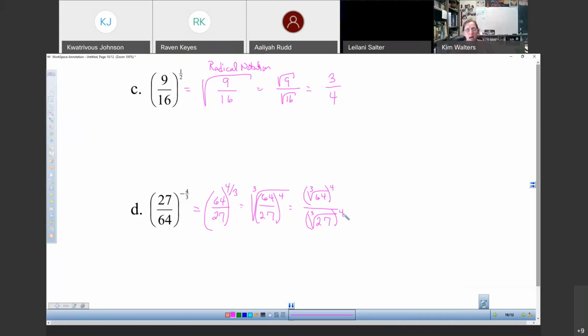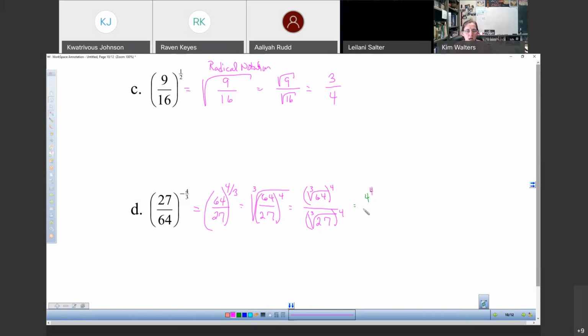So in the numerator, I want to find the cubed root of 64. Well, we've done the cubed root of 64, and the cubed root of 64 is 4. So I'm going to have 4 to the 4th power. So I'm going to put this little exponent here in still pink. So 4 to the 4th power. All right.